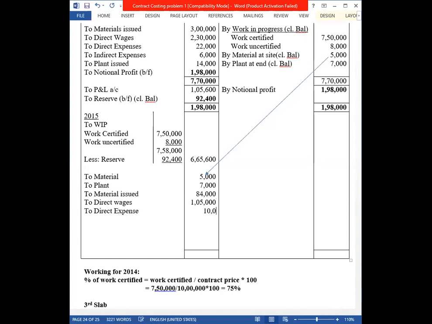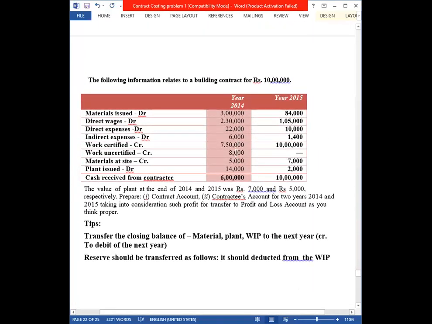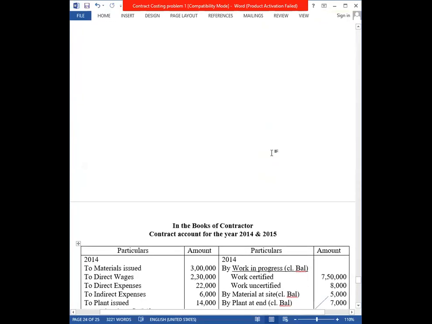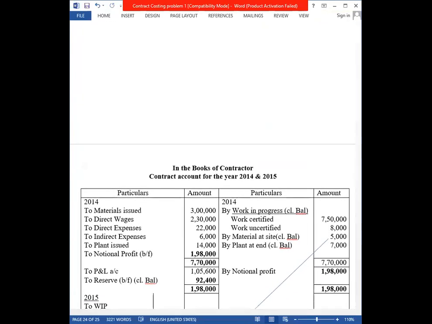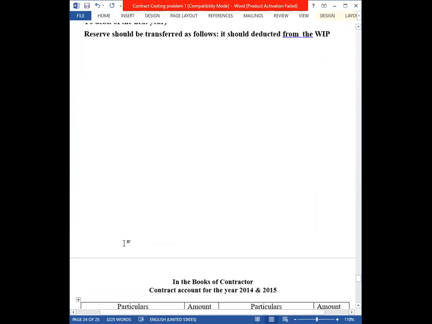I think 10,000. Let me check. Yeah, 10,000 is the direct expenses. Next, indirect expenses are 1,400. Okay. So to indirect expenses 1,400. Okay, indirect expenses are 1,400.